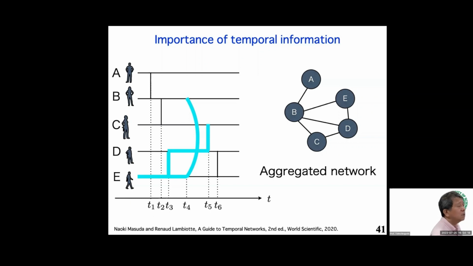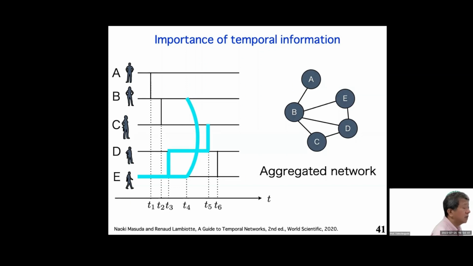So these two examples are very different. In the left example, in some cases, A cannot receive the information. But in the right example, all vertices can receive the information.